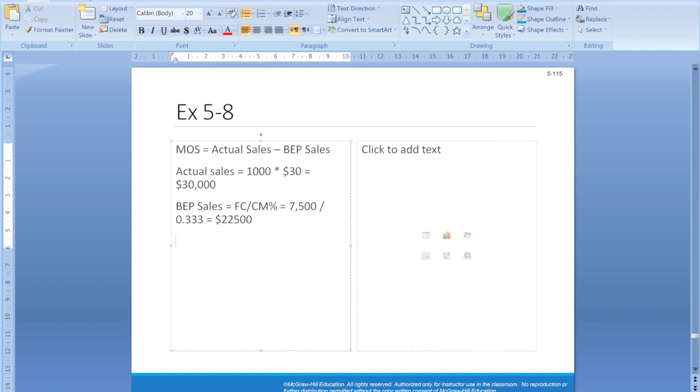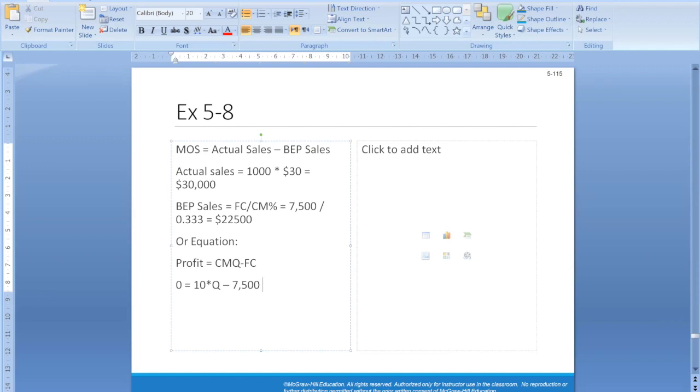Just to confirm our number, if we use the equation method, the profit is equal to contribution margin times quantity minus fixed costs. Profit is 0, because it is break-even. Contribution margin is 10Q minus $7,500.